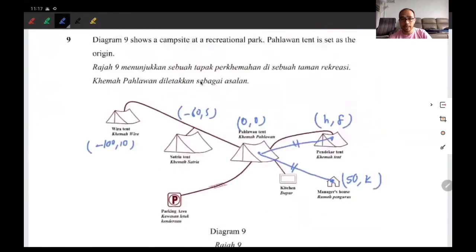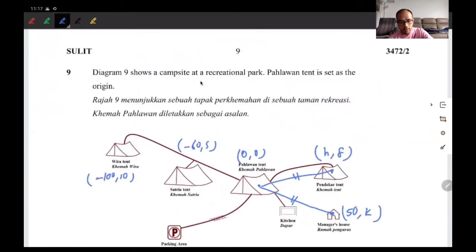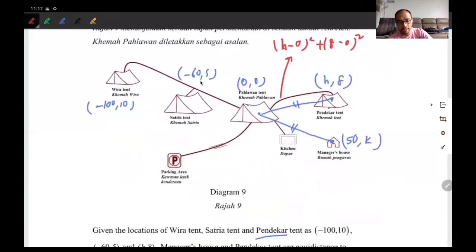So from Pendeka to Pahlawan, the distance is H minus 0 squared plus 8 minus 0 squared. Whereas this distance will be 50 minus 0 squared plus K minus 0 squared.